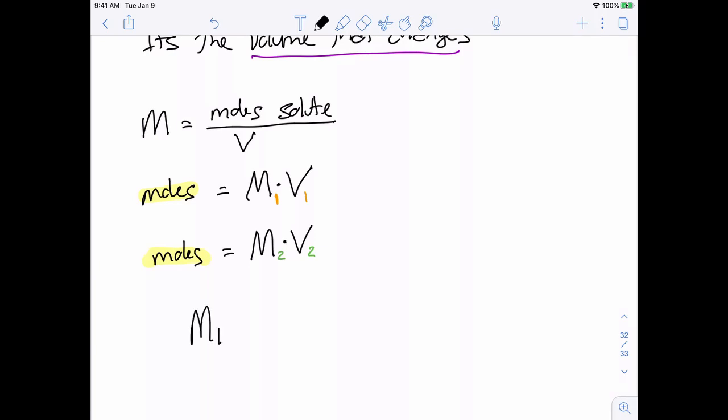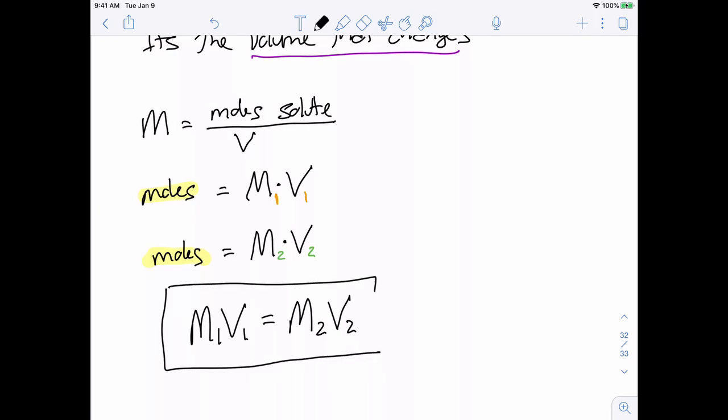So M1, my original concentration, times V1, my original volume, is equal to M2, my new concentration, times V2, my new volume.